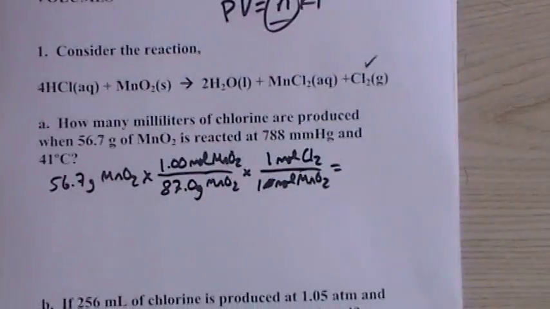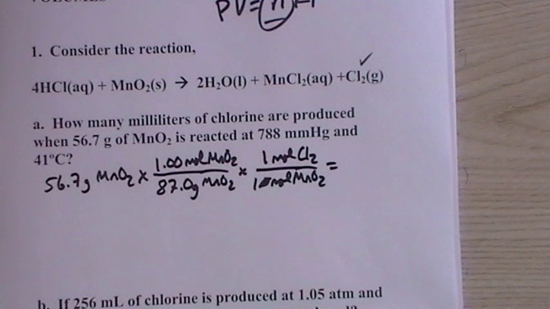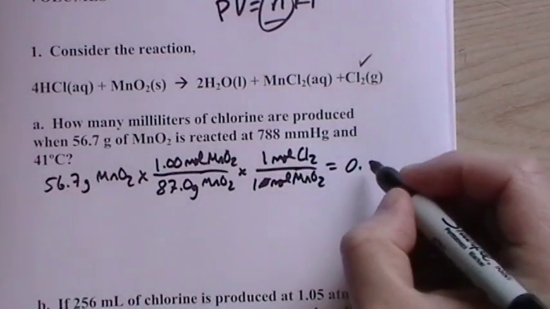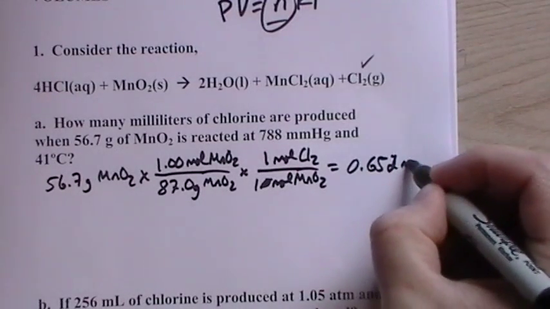And that's as far as we need to go. That will give us our number of moles of chlorine that were produced. So 56 grams of manganese 4 oxide divided by 87 produced 0.652 moles of chlorine.